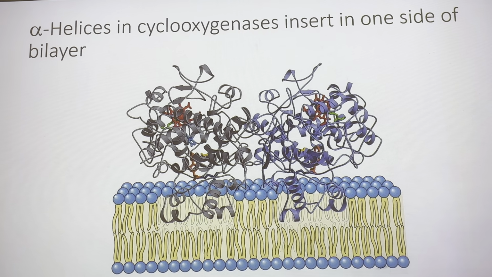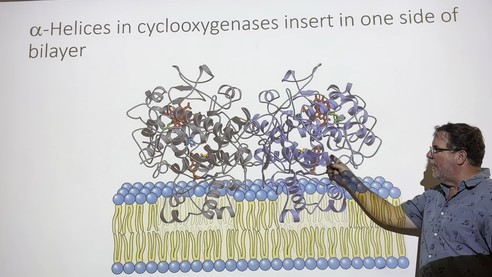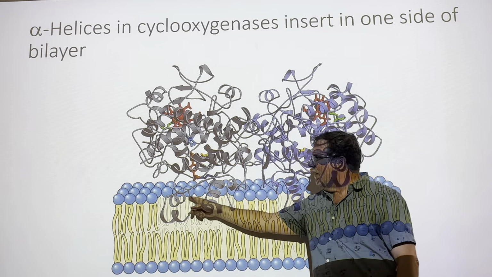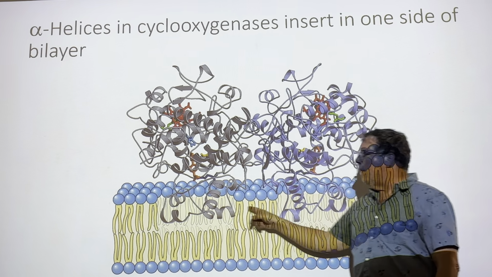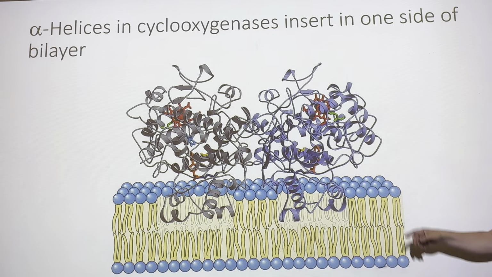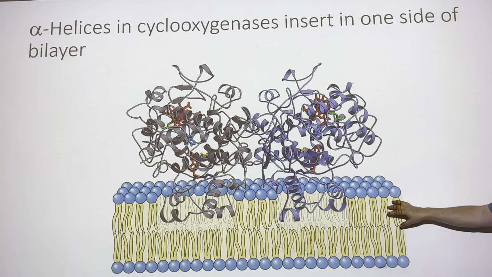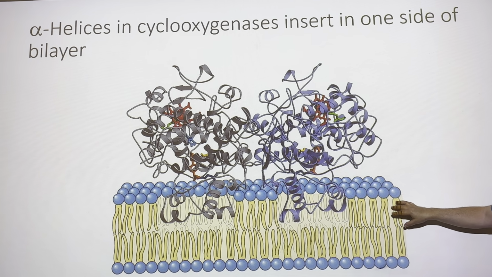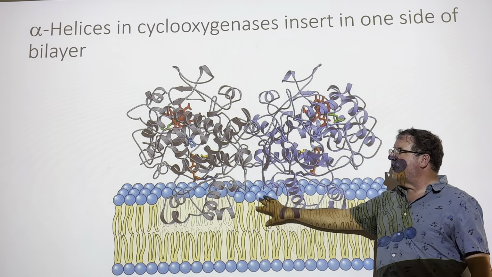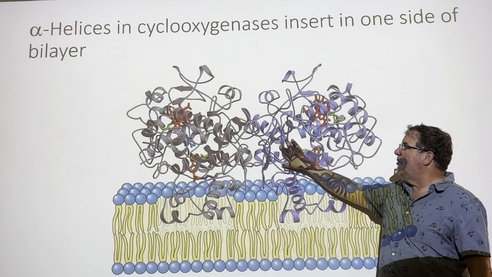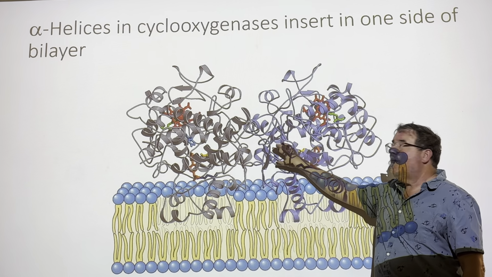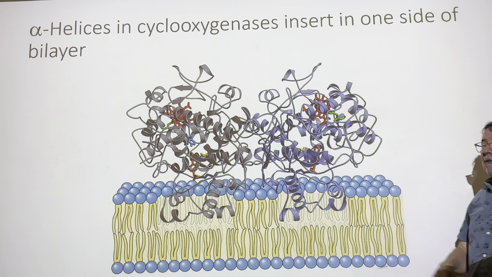It's a membrane protein with hydrophobic alpha helices that embed in the membrane without going all the way across. This makes sense because the substrate, arachidonic acid, is hydrophobic and exists within the membrane, so the enzyme picks up that hydrophobic substrate, but the product is soluble and gets released into the environment.